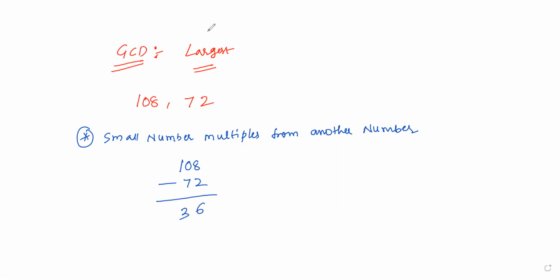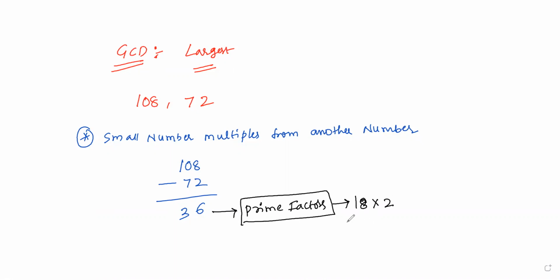After that, again you can subtract 36 from the 72. It is not a problem here actually. But let me explain one step very clearly. This is a smaller number, so you can write it into prime factors. 36 is nothing but 18 times 2, that is 36.